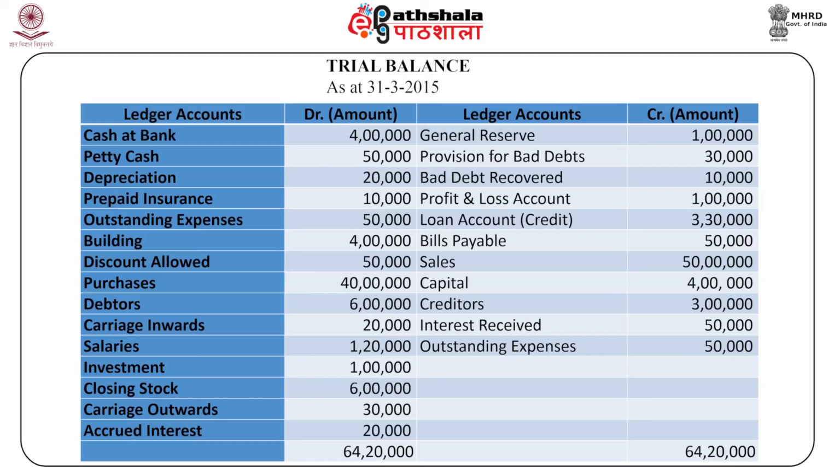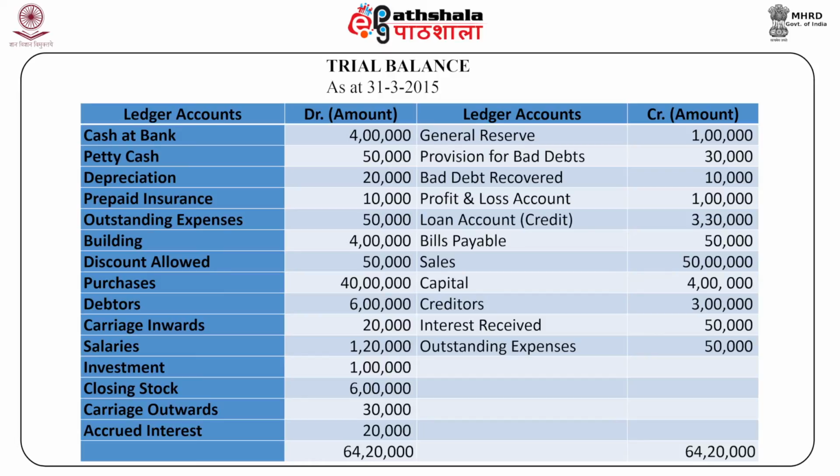On the debit side you find cash at bank 4 lakhs, petty cash 50,000, depreciation 20,000, prepaid insurance 10,000, outstanding expenses 50,000, building 4 lakhs, discount allowed 50,000, purchases 40 lakhs, debtors 6 lakh, carries inward 20,000, salaries 1,20,000, investment 1 lakh, closing stock 6 lakhs, carries outward 30,000, accrued interest 20,000.